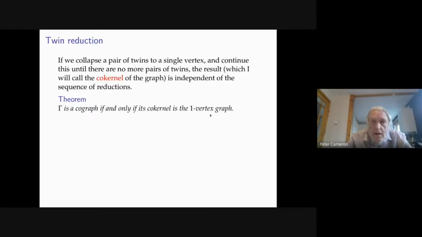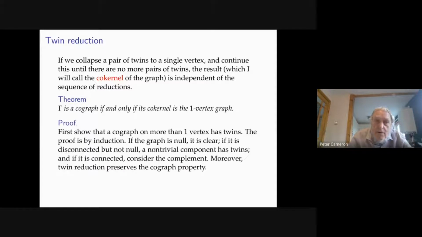In other words, if and only if you can collapse it down to a single vertex by a series of twin reductions. That's another test for a cograph, actually. Just find a pair of twins, identify them, carry on doing that as long as you can. If you don't get to the single vertex, it's not a cograph.